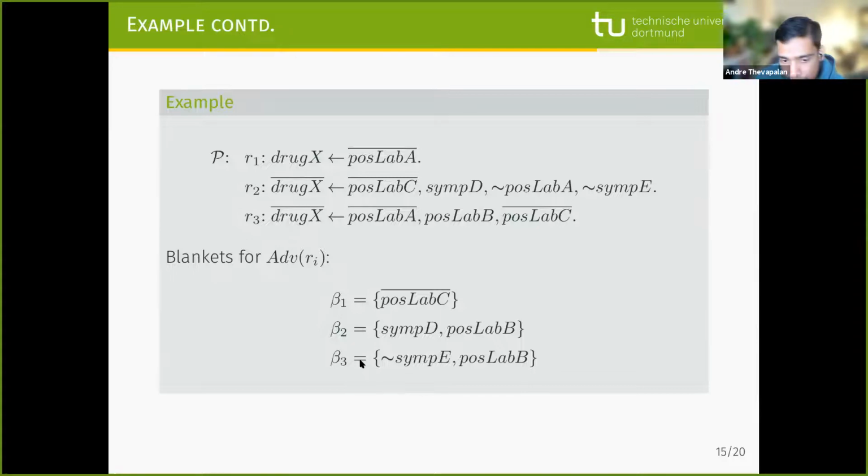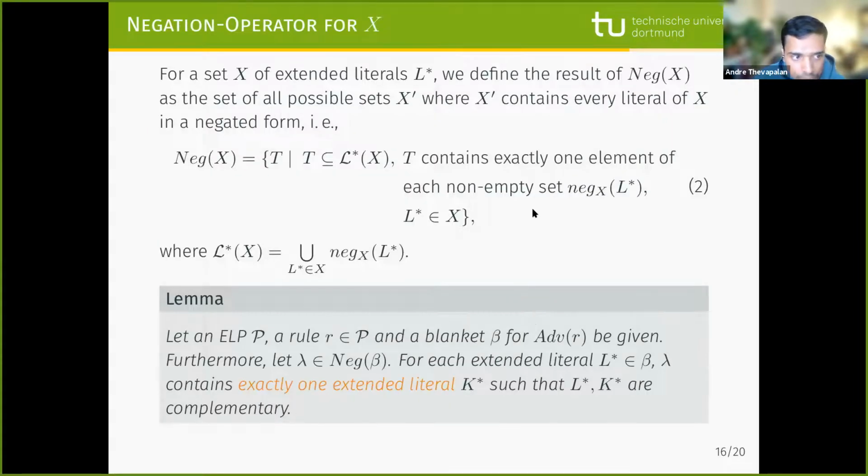And now the question is, how do we get all the possible negations or all the possible negated blankets? For that, we define the negation operator, and all it does is it takes a blanket and outputs all the possible negated blanket variations.